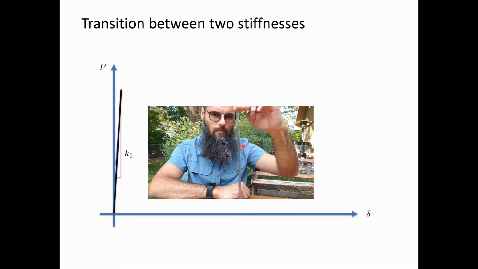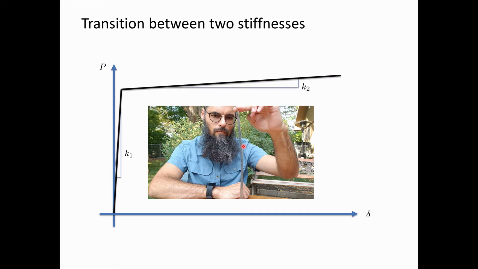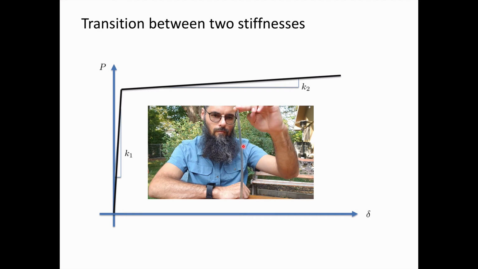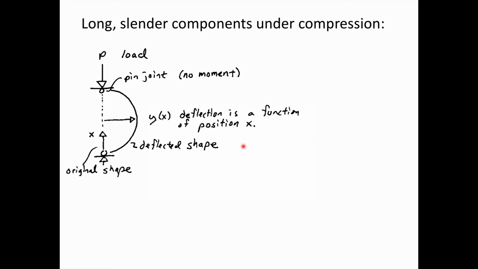I can keep increasing load at least up to a point, and it's not going to deflect much. But then if we move to this next zone, we reach this transition point where we can increase deflection really dramatically. And I really can't tell if there is much change in the load at each of these different deflection points.